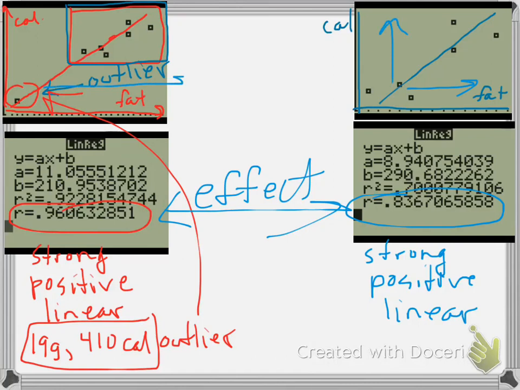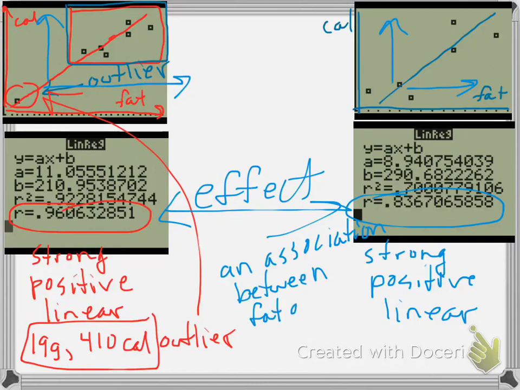Fat content increasing, calories increasing for the most part. So we see a pretty good relationship here. I would say there is an association between fat and calories in burgers.